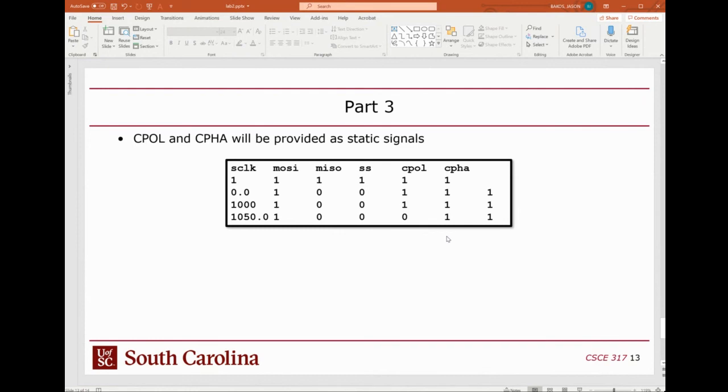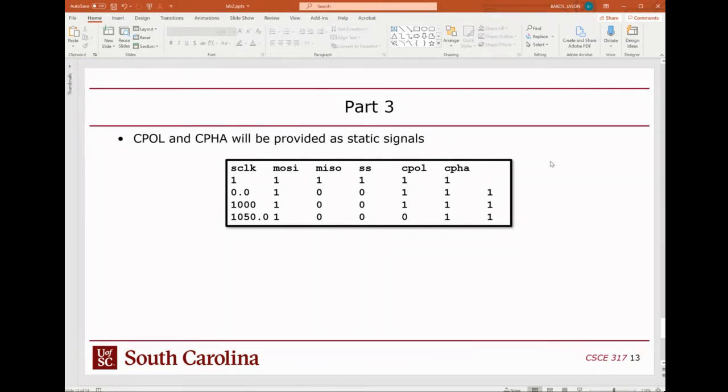But it's convenient because, as Philip mentioned earlier, you can read the CPOL and CPHA at time 0, and that will tell you what the CPOL and CPHA were set to when the signals were generated, and then you would just interpret the data based on those CPOL and CPHA values.